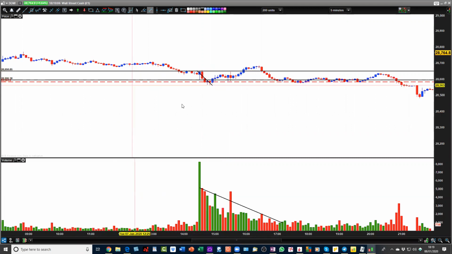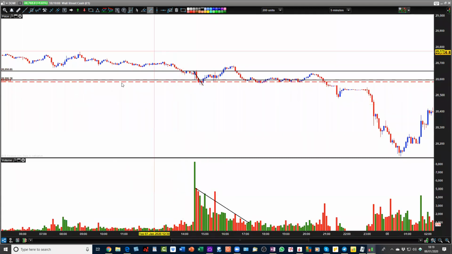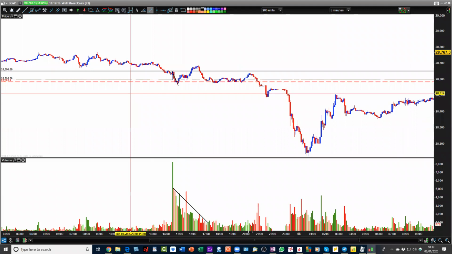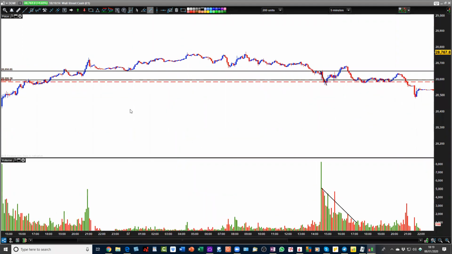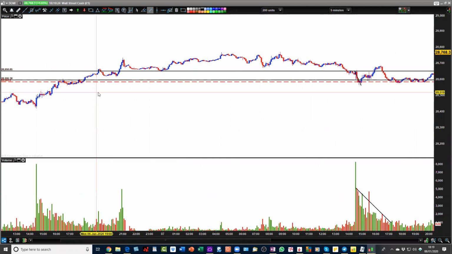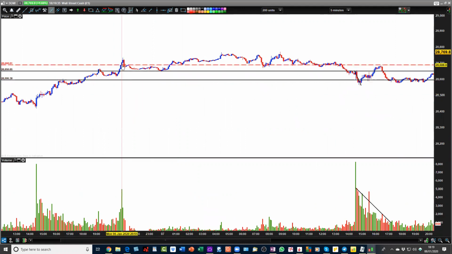Now let's get the gap as well. Let's do this properly. Let's find the gap for Monday. So the Monday gap on the cash market is quite good. So 704.